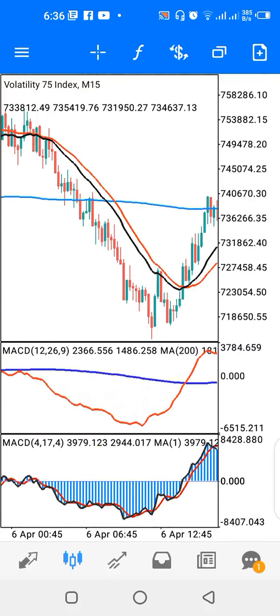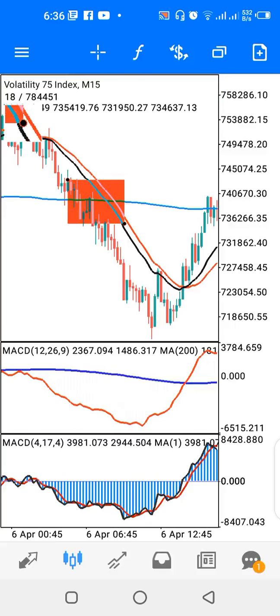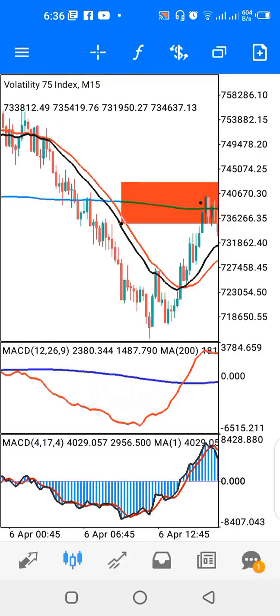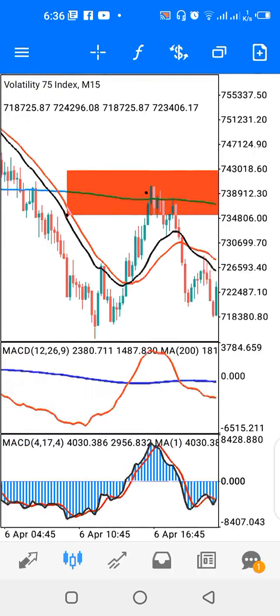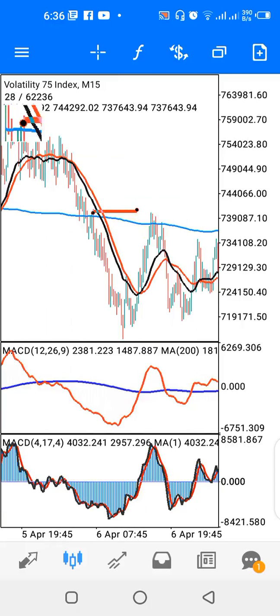Then to sell, as soon as I have a break, I'll look for a retest. But for this particular example, I do not have a significant retest close to my break.